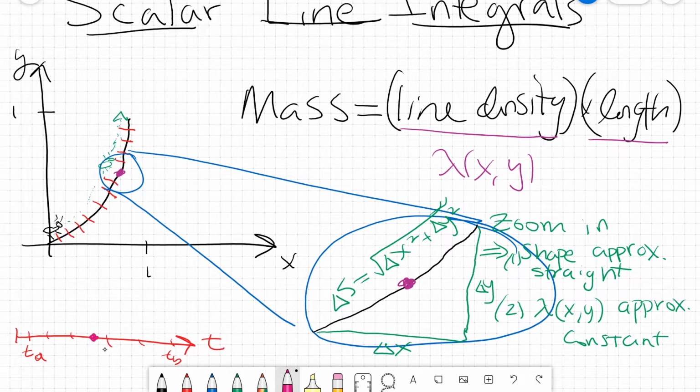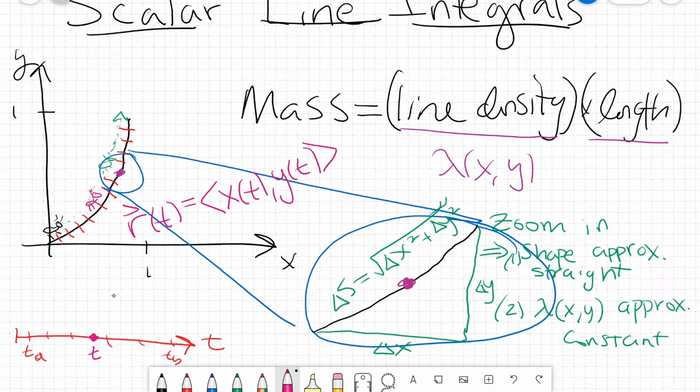So at each instance in time, we'll radio in and ask the ant, where are you at? It'll tell us, my x position is x of t, and my y position is y of t at any given moment. Thus, r of t maps the time axis to the position of the ant.